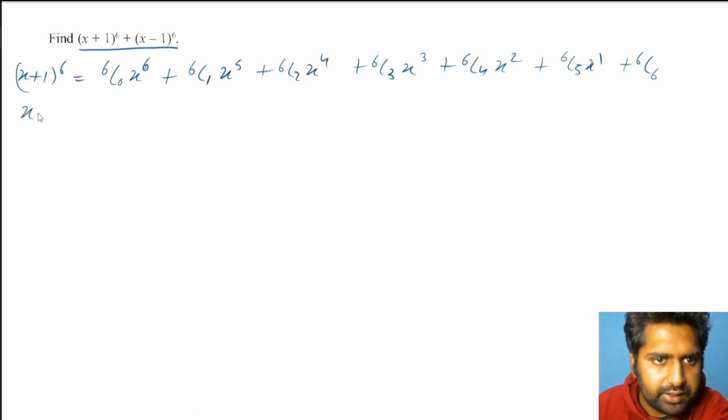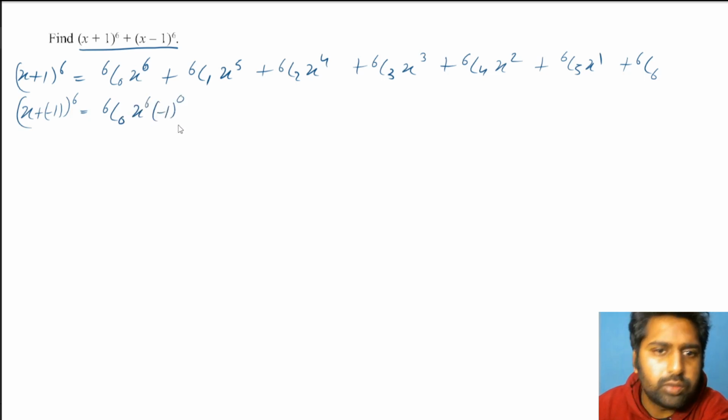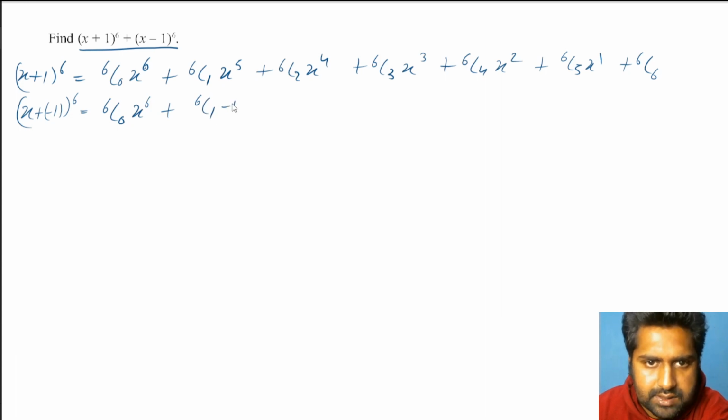So writing this expansion was easy. x minus 1 is treated like x plus minus 1 raised to power 6. Now think, start with the same 6c0 x raised to power 6 into minus 1 raised to power 0. Anything raised to power 0 is 1, so let's remove that. Plus 6c1 x raised to power 5 into minus 1 raised to power 1.